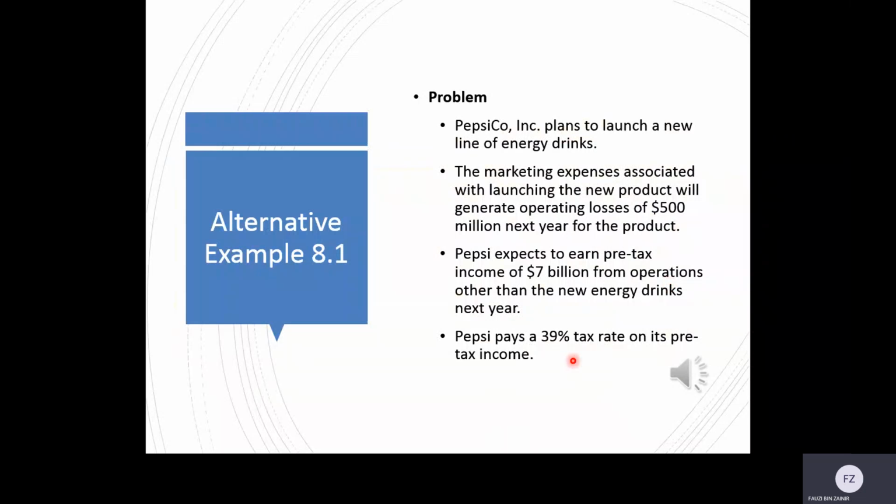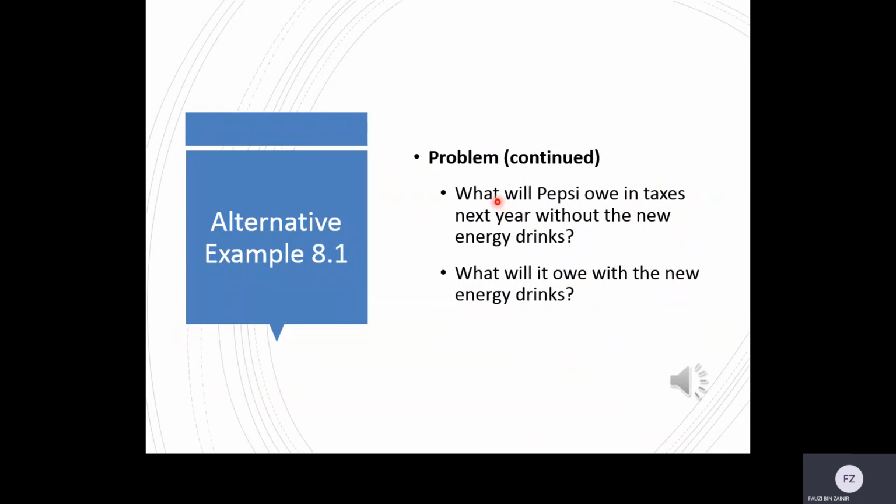Pepsi pays a 39% tax rate on its pre-tax income. The question is more or less the same as in the previous slide. What will Pepsi owe in taxes next year without the new energy drinks, and what will it owe with the new energy drinks?